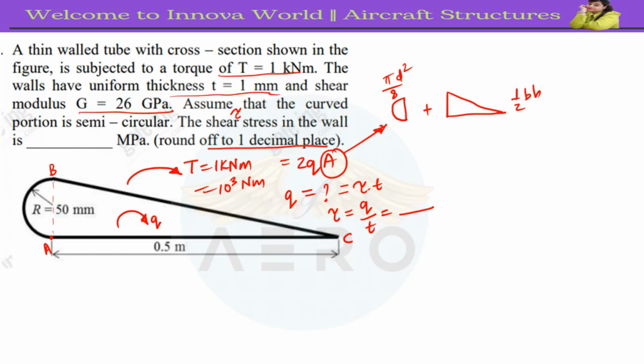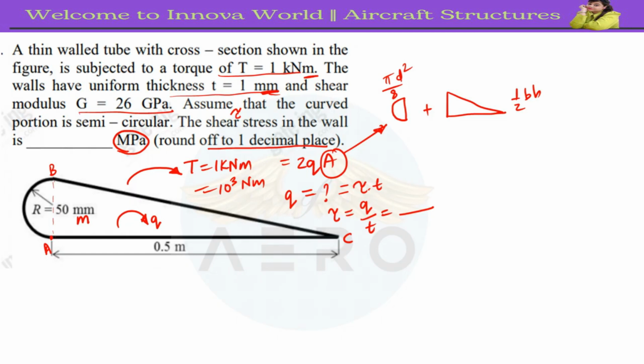So using this formula you can find it out. Here the radius is given as 50 mm, so again you need to convert that into meters. And here one more thing, the answer they have asked in megapascal. So accordingly you have to find the result. Here it is in mm, here they have given meter, here they have given gigapascal. Always you need to convert the units in a proper way.